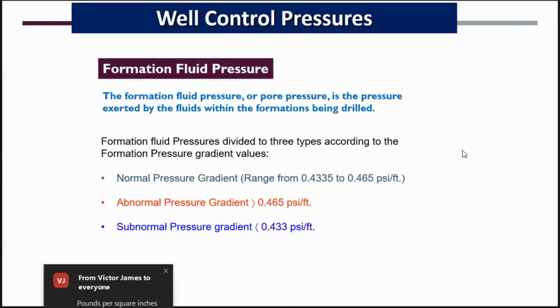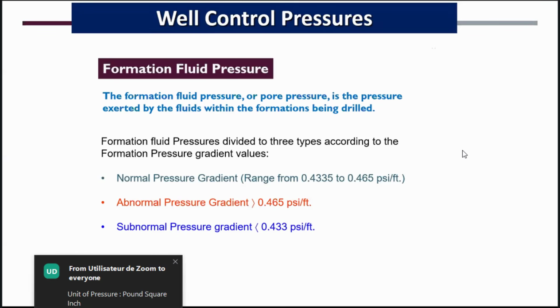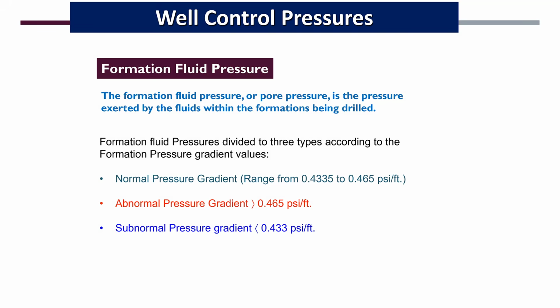How to calculate formation fluid pressure? The formation can be of three types, but mainly 90% of the formation is filled with water. Our earth, 90% down if you see, is filled with water. So for calculating the formation pressure, we take water as reference. For water, the formation pressure gradient ranges between 0.433 and 0.465.